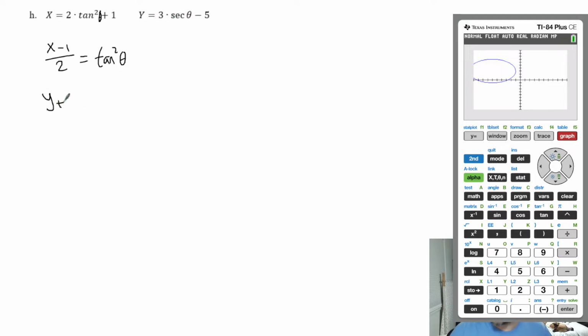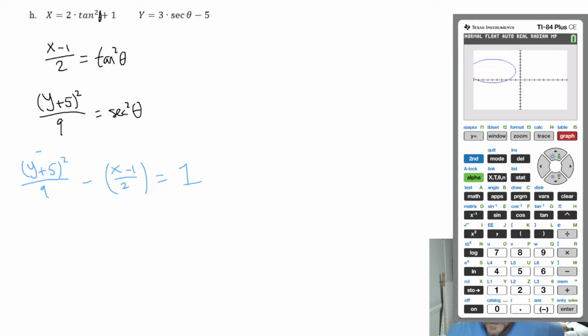So I'll get y plus 5 all squared over, it would have been over 3, but we squared it, so it's 9. That'll be our secant squared. Also, we want to subtract in the right order. We have to be doing secant minus tan. So the y plus 5 squared term is going to come first. We'll subtract from that the x minus 1 all over 2, and that'll equal secant squared minus tan squared, so that'll equal 1.